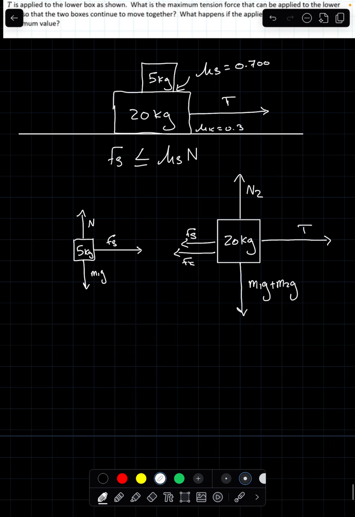So let's write out our equations. N1 equals M1g, we know that.